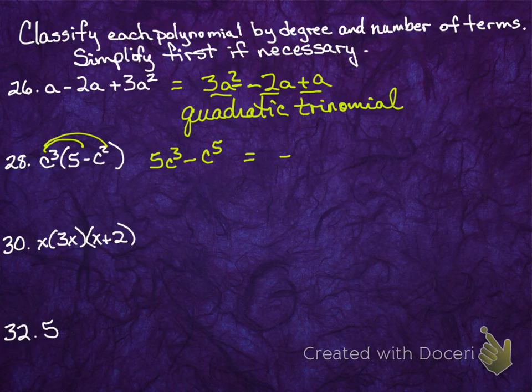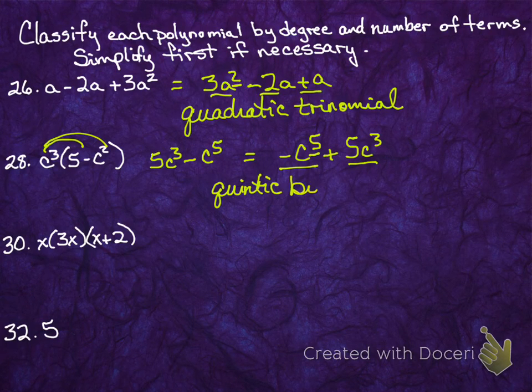So that comes down to negative c to the 5th power plus 5c cubed. 5th power, that's quintic. And I have 1, 2 terms, so that is binomial. So a quintic binomial.